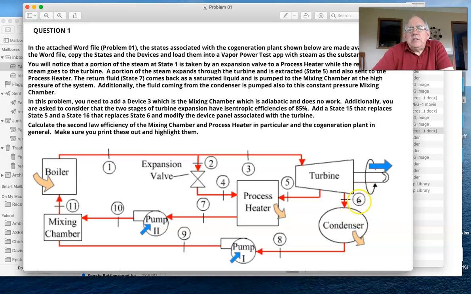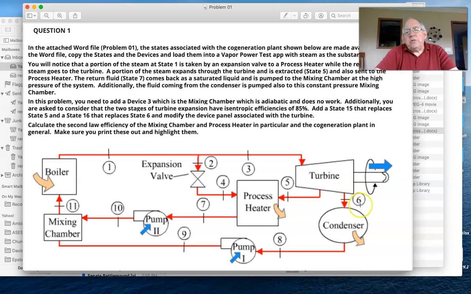If we were to do it technically correct, state 6 is going to be the isentropic value associated with the real fluid coming out of here, which has an entropy associated with it.